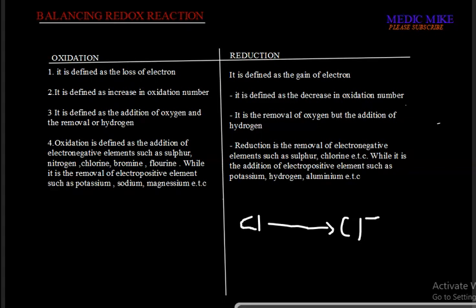So it should be established now that reduction generally involves the gain of electron; non-metal ionizes by the gain of electron. So at this point we have chlorine. The atomic number for chlorine is 17, and that is equivalent to its proton number. So since this atom is neutral, we'll be having 17 electrons and 17 protons respectively.